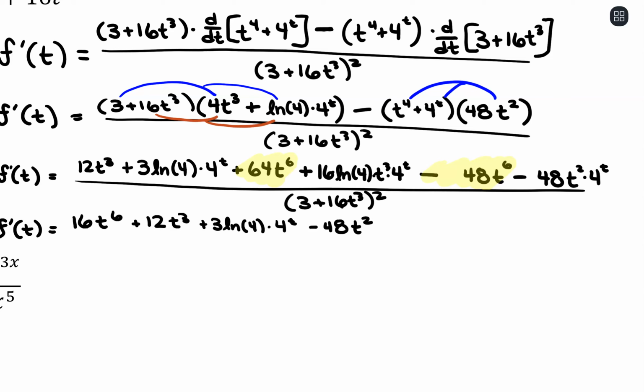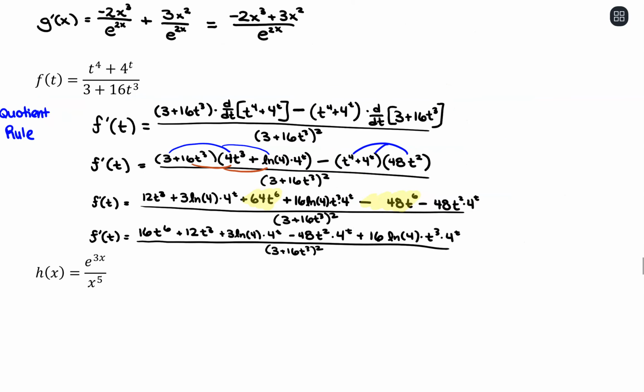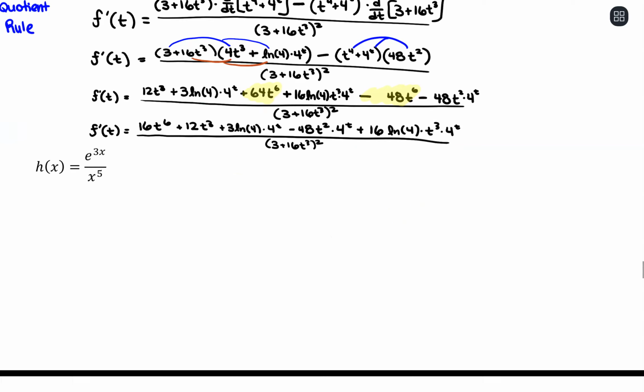Negative 48t squared times 4 to the t plus 16 natural log of 4 times t cubed times 4 to the t all over 3 plus 16t cubed squared. Oh, what a mess. But hey, there's our derivative. That would be the derivative. Especially with that base 4, it just gets messy with those natural log. It kind of makes things harder to combine with each other.